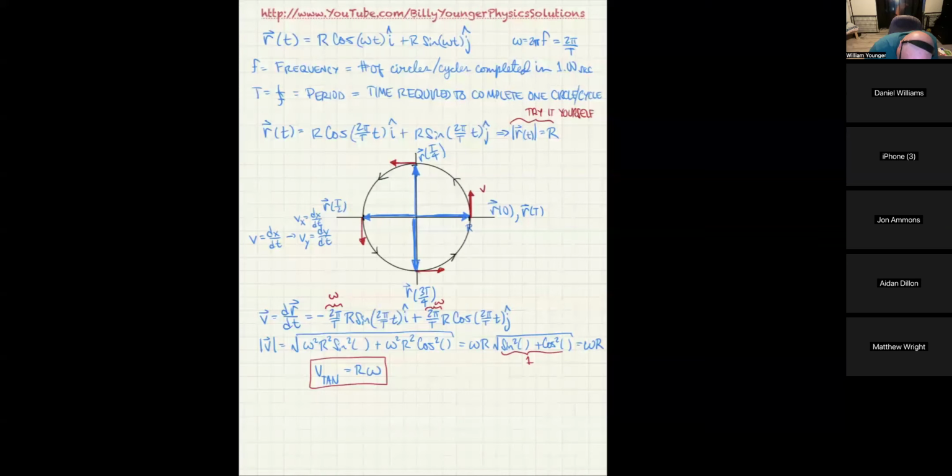And this is v of 0, but it also turns out to be v of T. And this one, of course, is v of T over 4. And this one's v of T over 2. And this one is v of 3T over 4, like that. Okay? So you can see that this velocity is really tangential to the curve. So that's why I wrote v tangential is equal to r omega. Anybody have any questions on that?